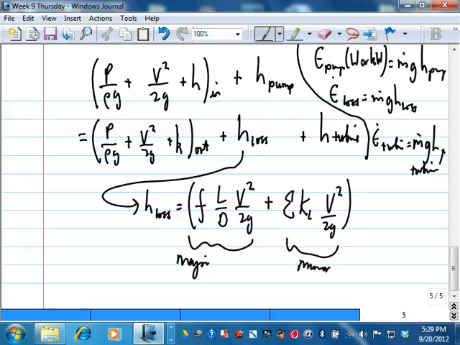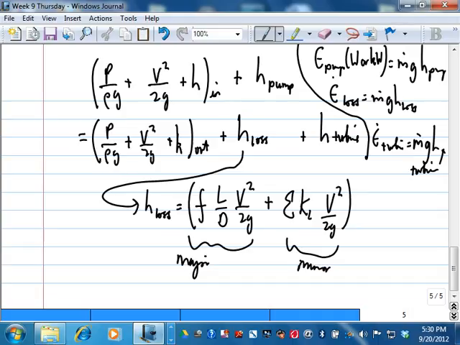The K_L is the number of units of kinetic energy lost when your flow goes through an accessory. So if your flow goes through an accessory, maybe a valve or elbow, and it loses 1 unit of kinetic energy, 1 times V squared on 2g, then the K_L will be 1.